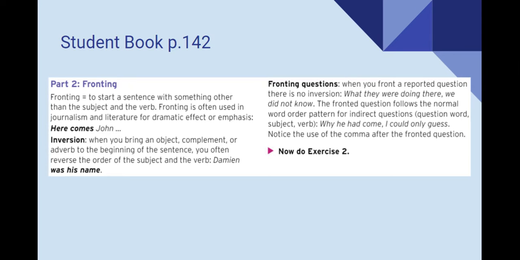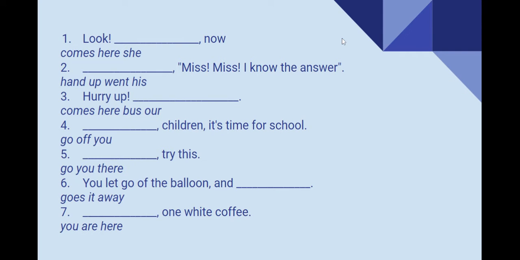Now, we're going to go ahead and practice. Here, we have some sentences that we need to complete by using the words that are in italics. For example, look, blah blah blah, now. In this case, we should write, look, here she comes.